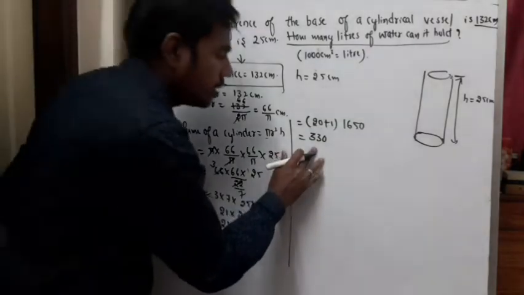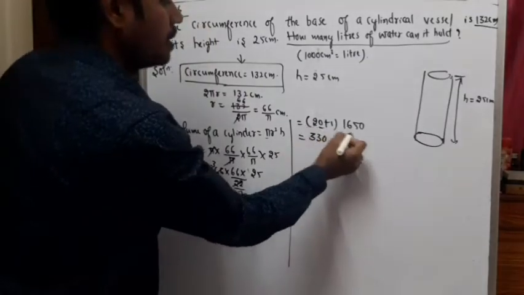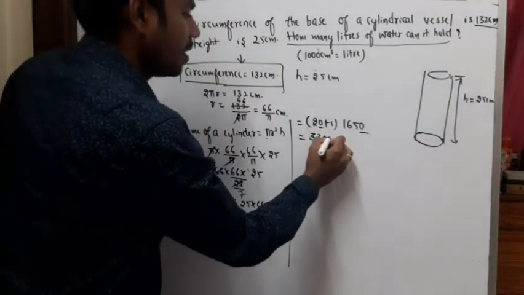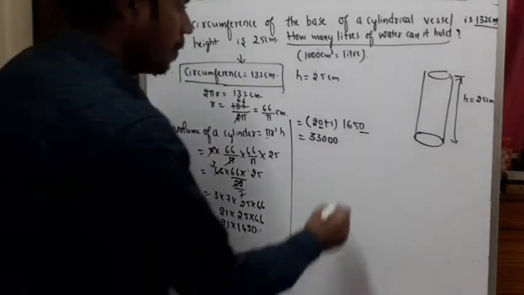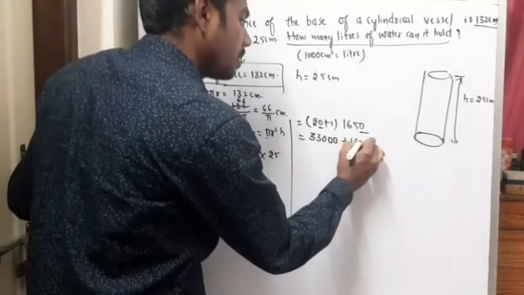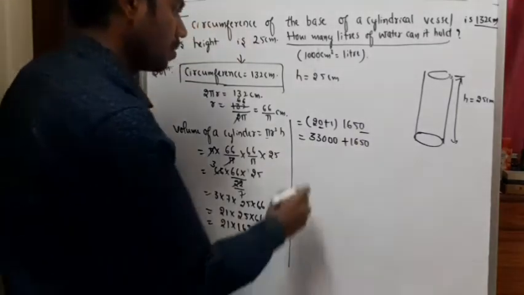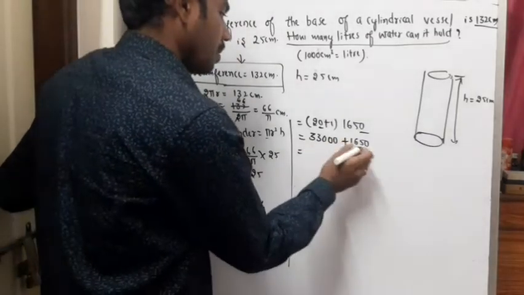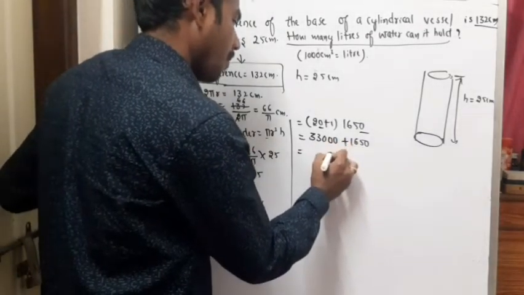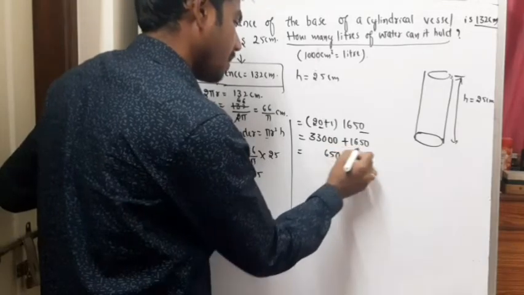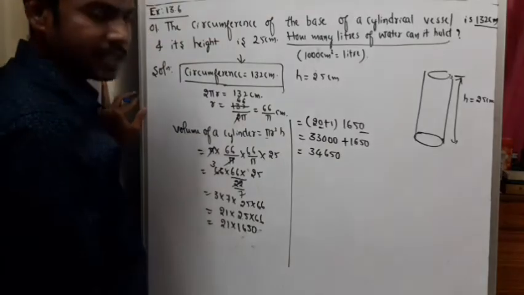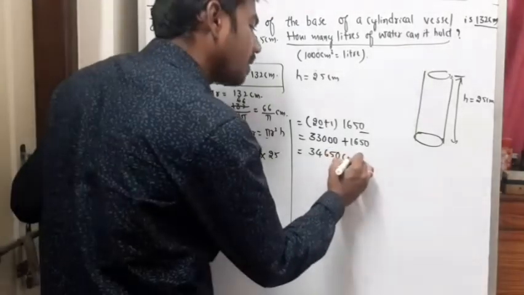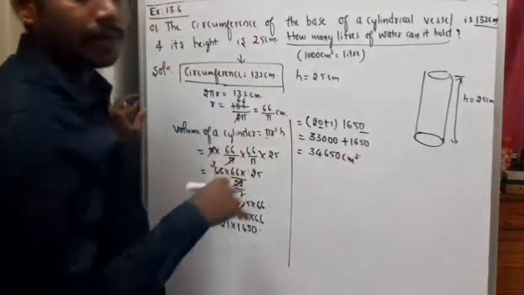So put together it is 330. That is equal to 33,000 plus 1650. So 0, 5, 6, 4, 3. This is 34,650 centimeter cube.